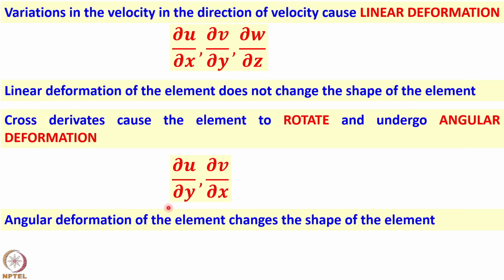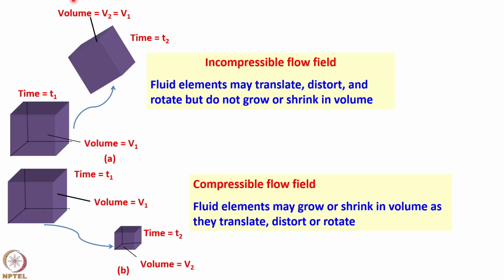That is what is shown in this figure. You can see that there is no change in volume in incompressible fluids, and in compressible fluids there is shrinkage or growth. So that's about the stretching and what happens to a fluid particle.